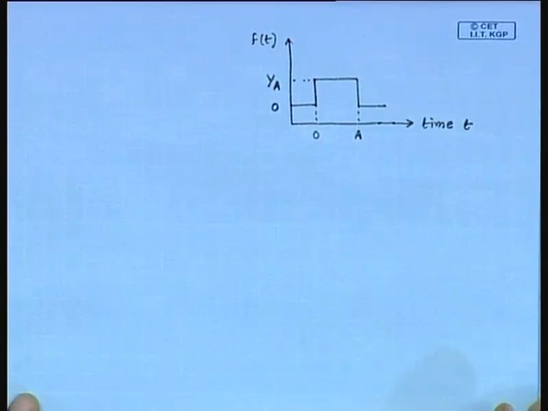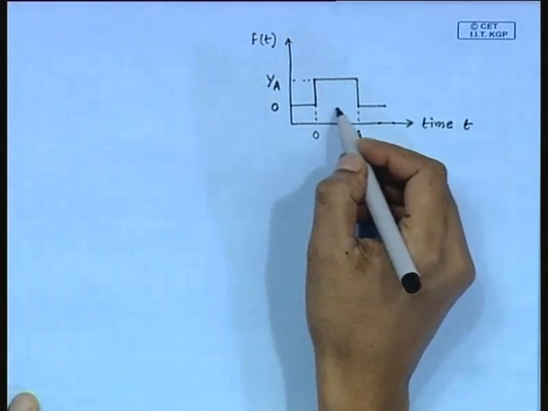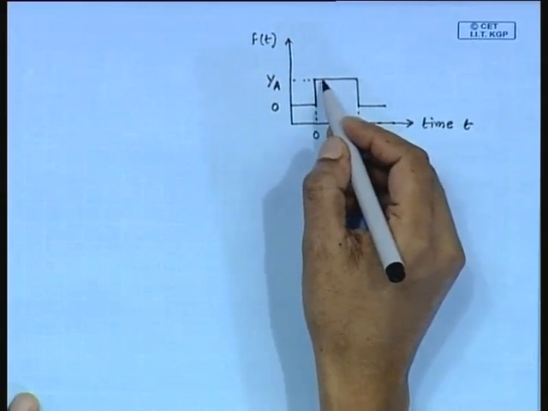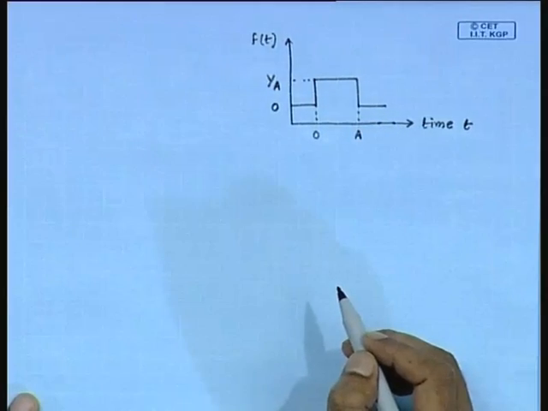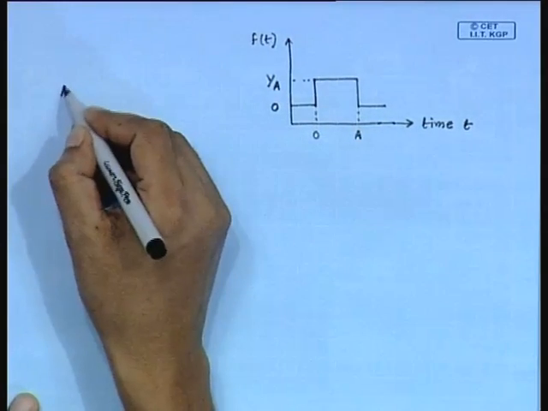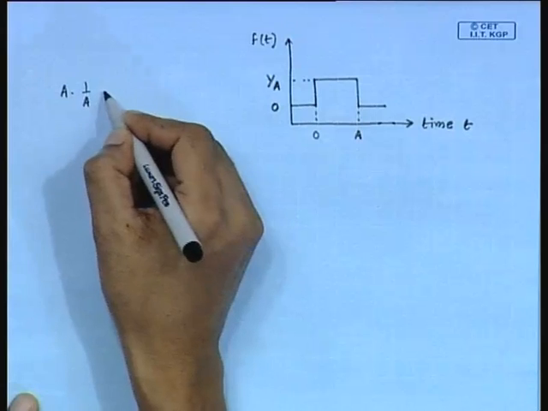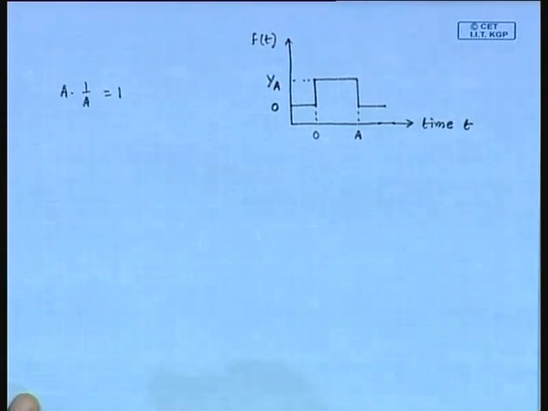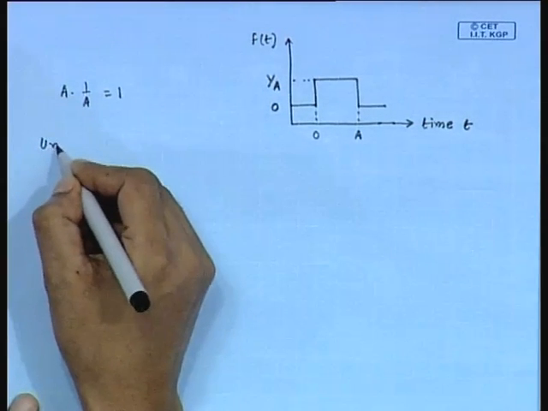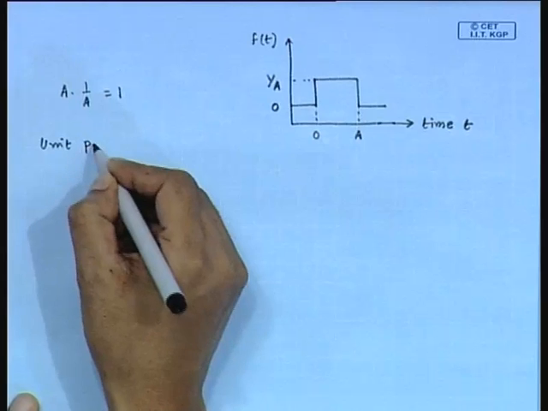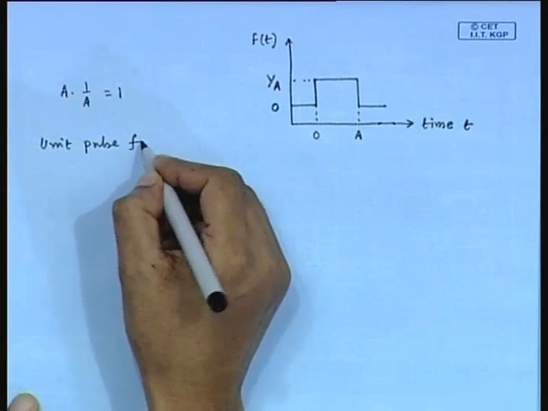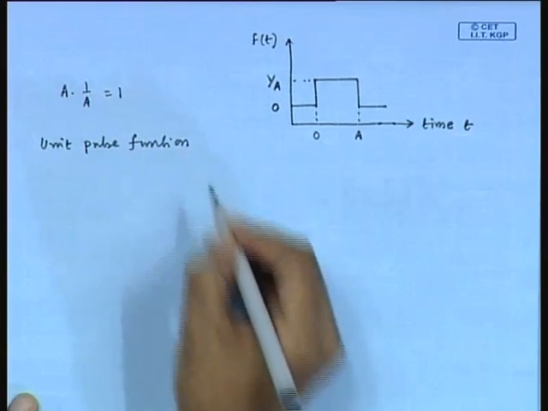So what is the area? The area is a multiplied by 1 by a, which equals 1, and this is called the unit pulse function.